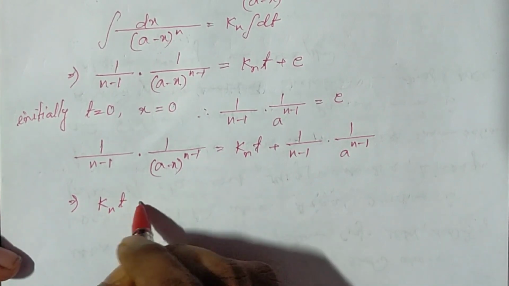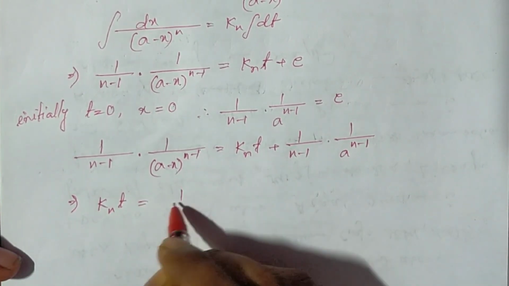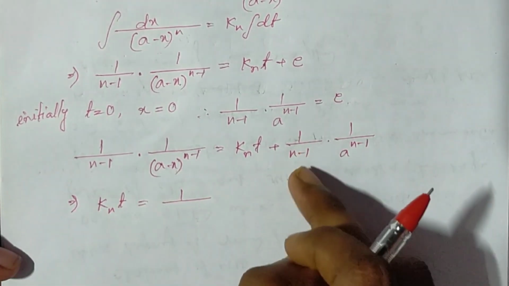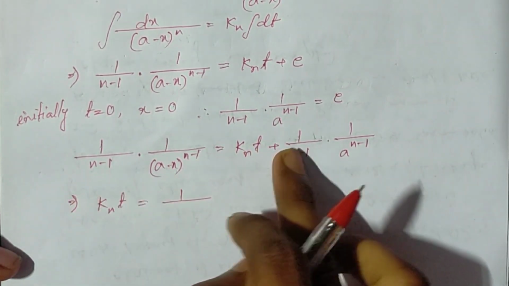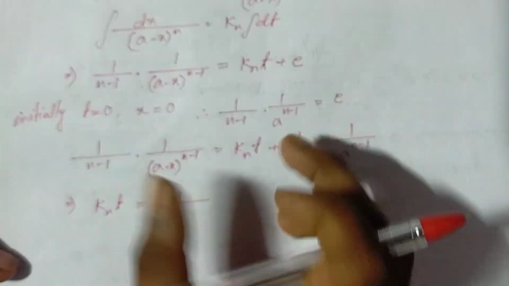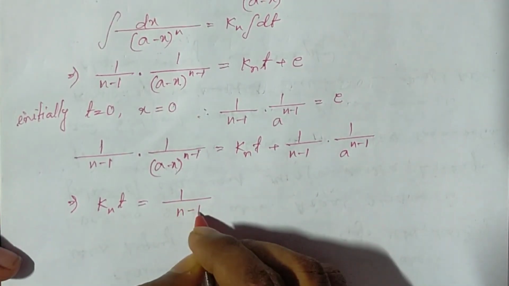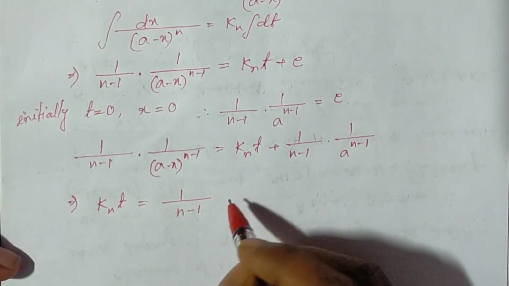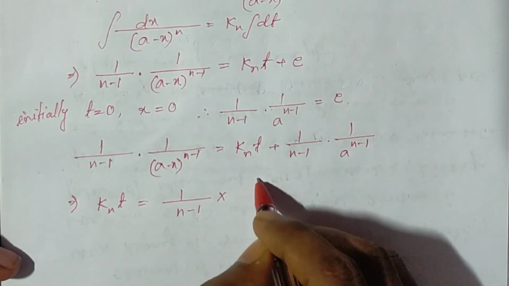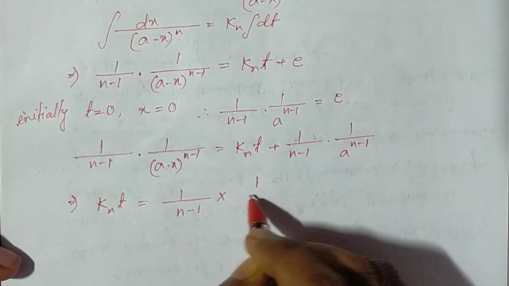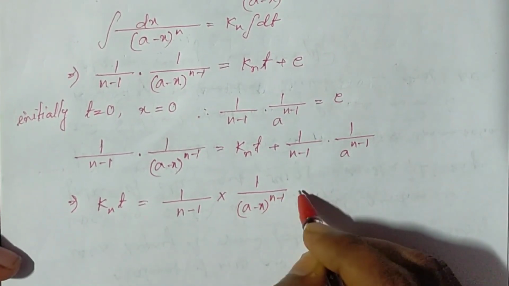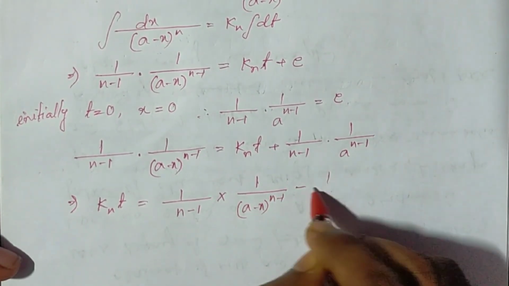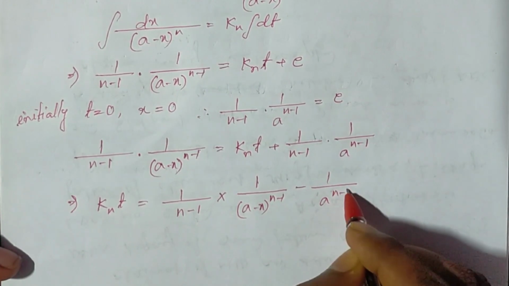Okay, so when we put this value here, we will get kn t is equal to this part, 1 by n minus 1. This is common, so we can take it common: kn t is equal to 1 by n minus 1 into (a minus x) whole to the power n minus 1 minus a to the power n minus 1.